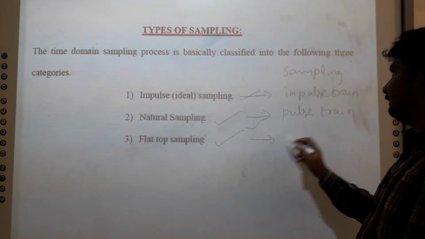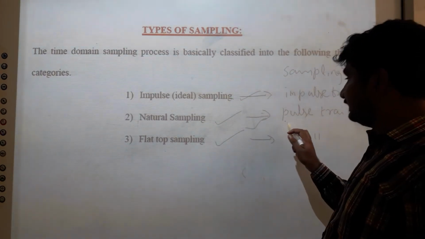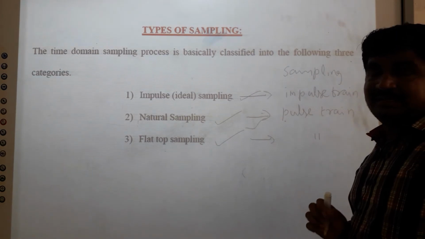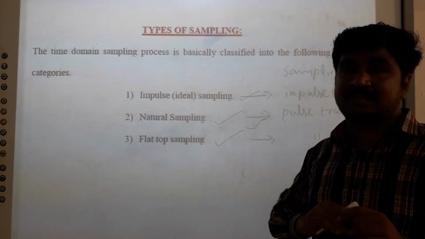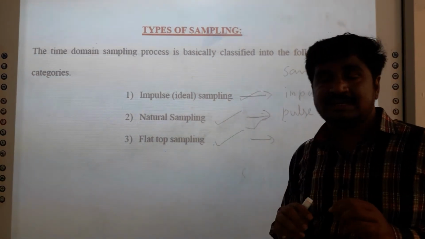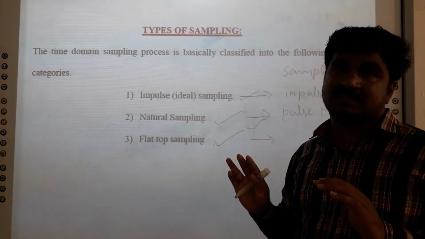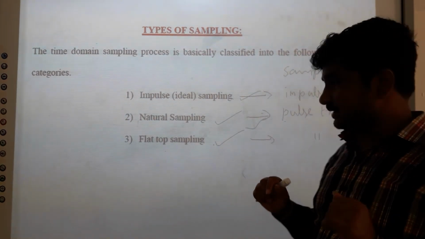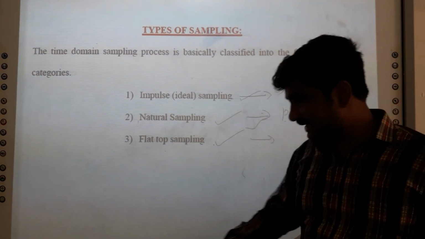Here also the sampling signal should be a pulse train, but in this sampling, the output of the sampler will have a continuously varying amplitude, whereas in flat top sampling, the signal is having a constant amplitude. We will describe these two sampling processes in later classes.